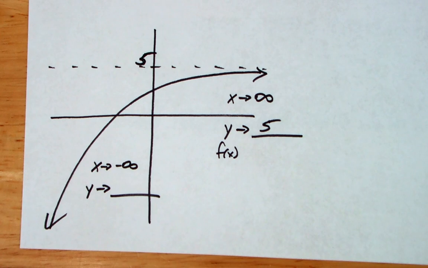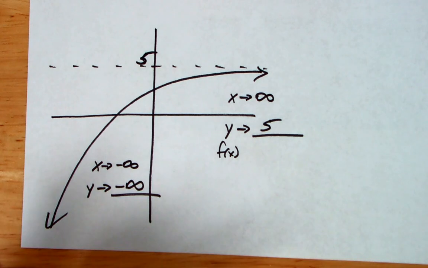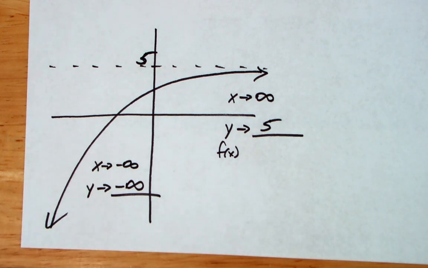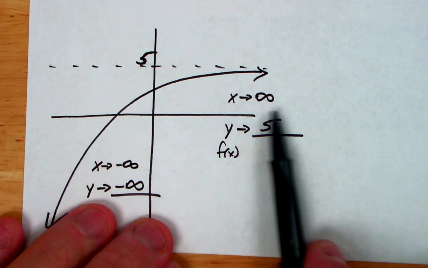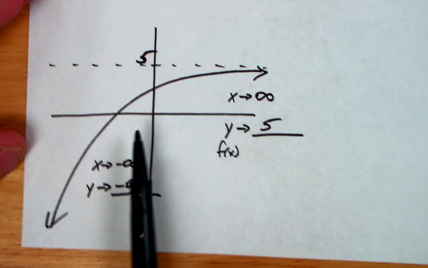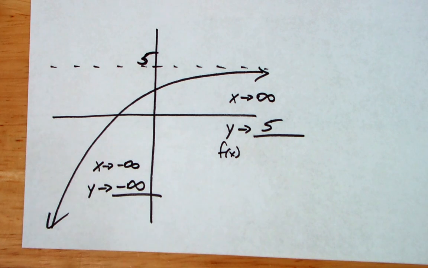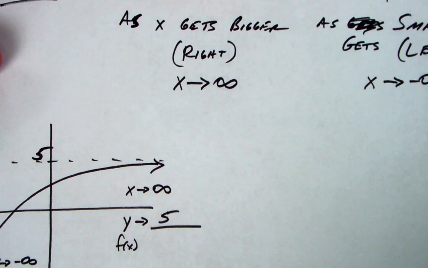So it's getting to negative infinity. Okay? So remember, we're just telling a story. As x moves to the right, my y is getting closer to 5. As x moves to the left, my y is going down forever, so it's going to negative infinity. Okay?